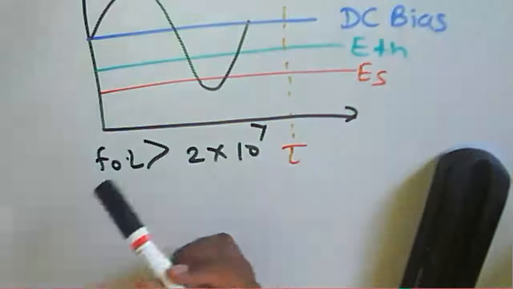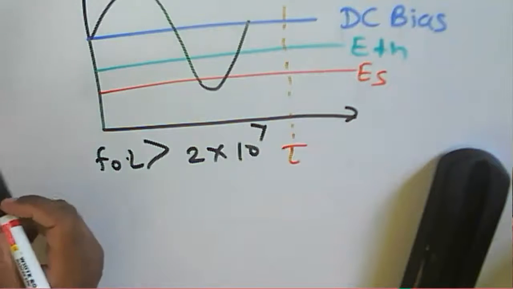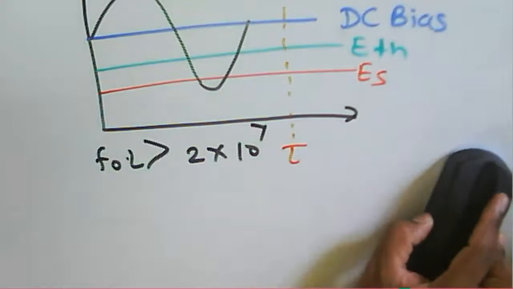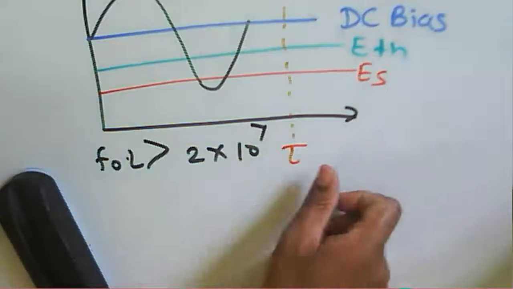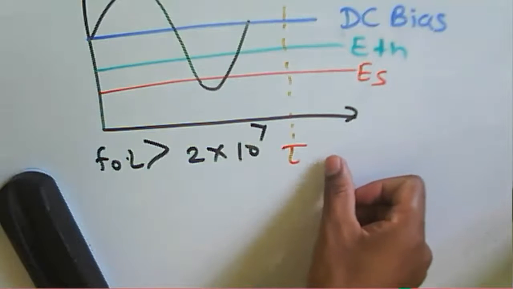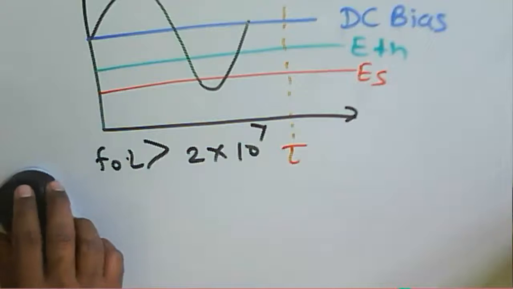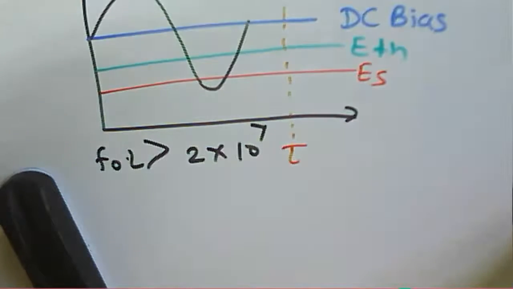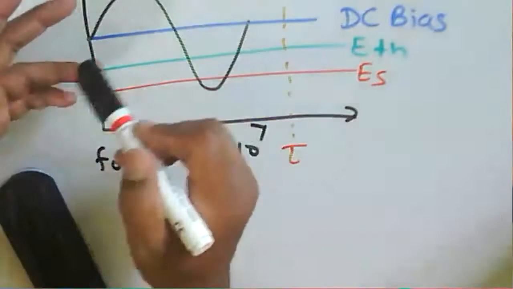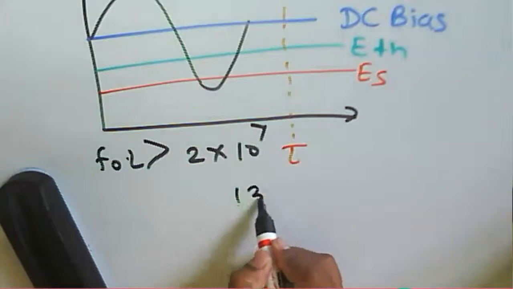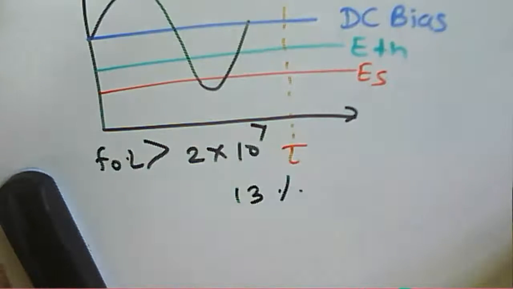So in a quench domain mode the oscillation frequency depends not on the transit time but on the resonance circuit, and the efficiency of this diode in this mode is about 13%.